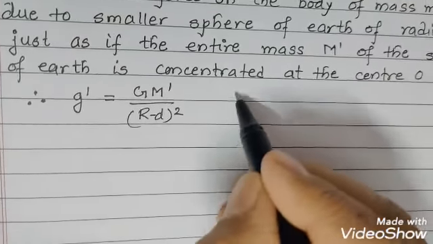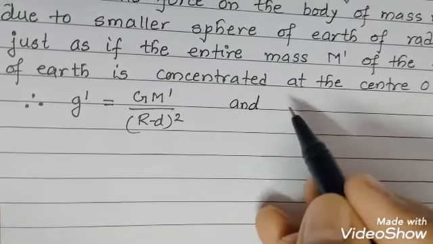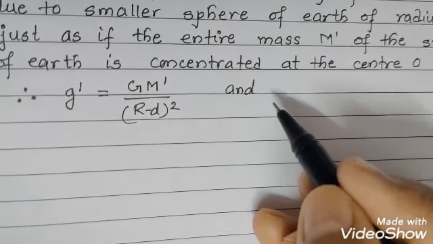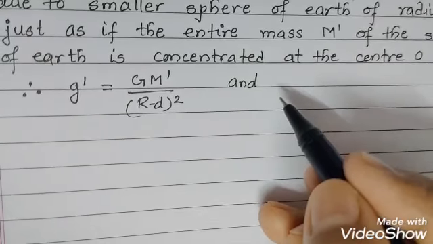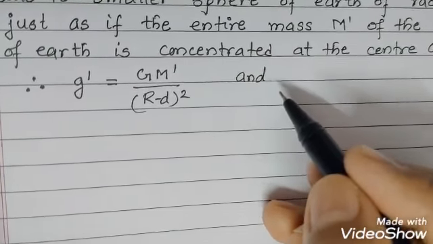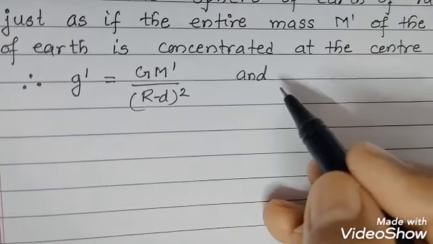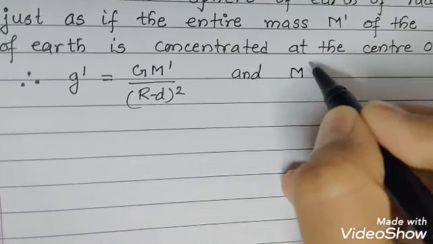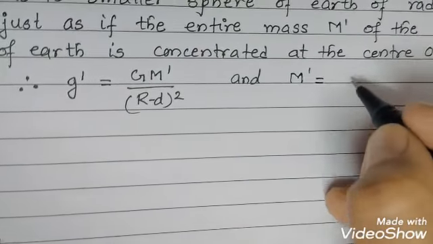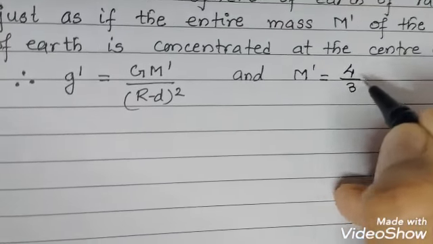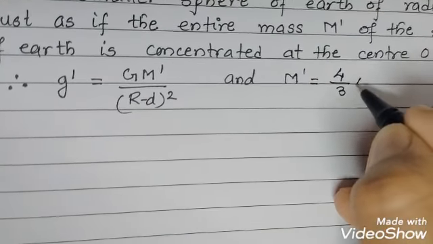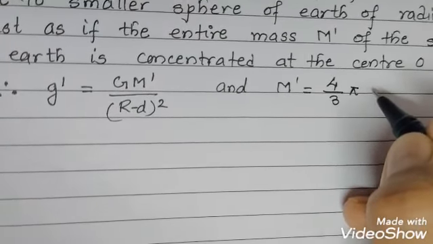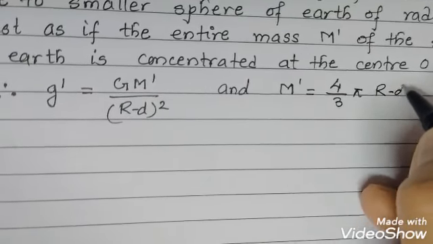And in this situation, as we have considered the earth as a homogeneous sphere, that means uniform density would be there all over the earth. So the density here also we will consider as rho, and now the mass m dash is given by volume into density. Now what is the volume this time? This time the volume is 4 upon 3 pi and the cube of the radius, but the radius is now r minus d.